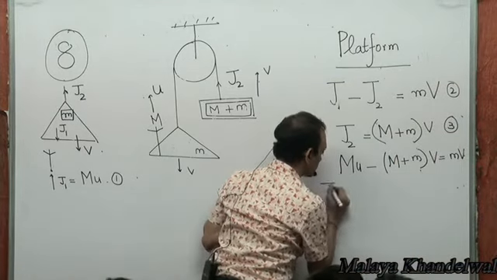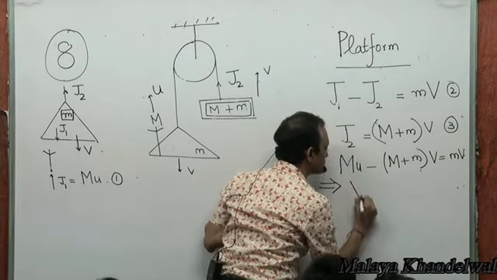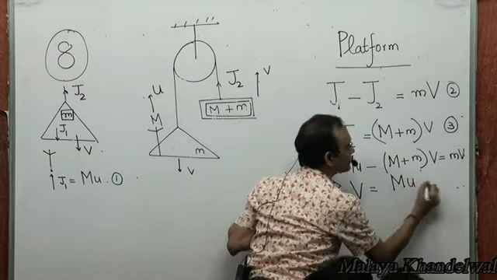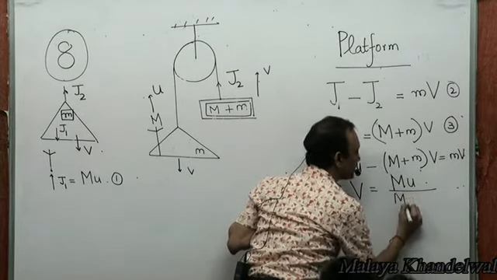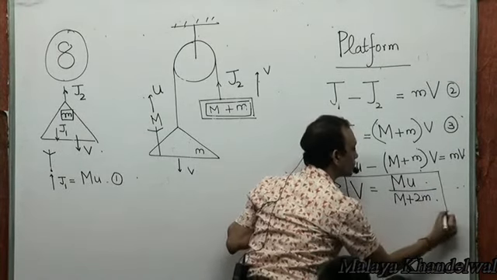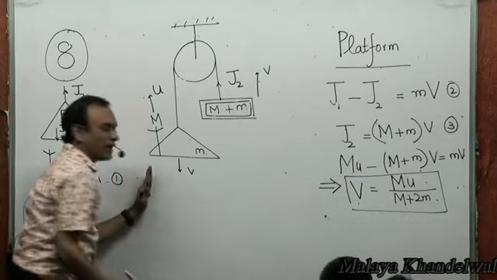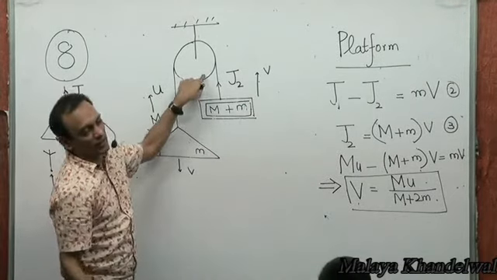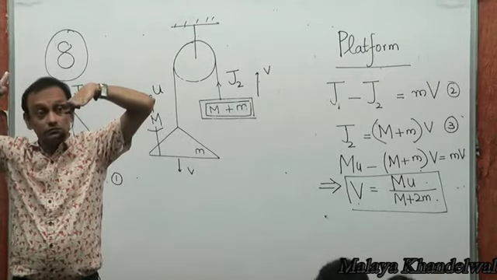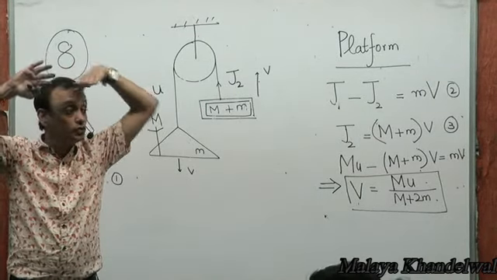V then, the velocity right after the man jumps, turns out to be capital M u divided by capital M plus 2m. Yes or no? That's the velocity of the platform downwards and of this balancing weight upwards right after the man leaps. Yes or no? Do you understand this?